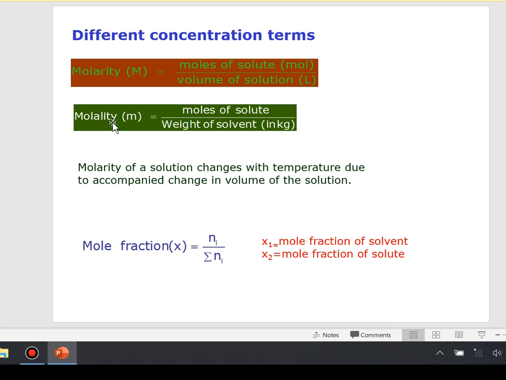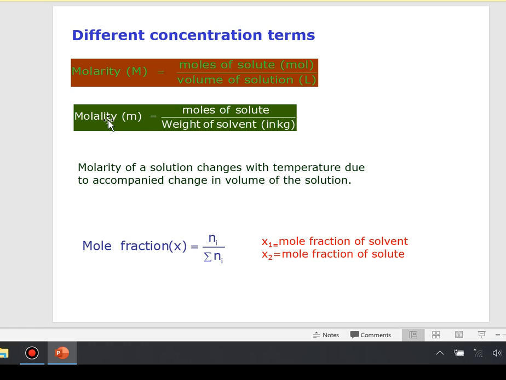Second method is molality. Molality means number of gram moles of the solute per kg of the solvent. Moles can be calculated by weight divided by molar mass, and the weight of the solvent in kg. Molarity of the solution is represented by capital M and molality of the solution is represented by small m.